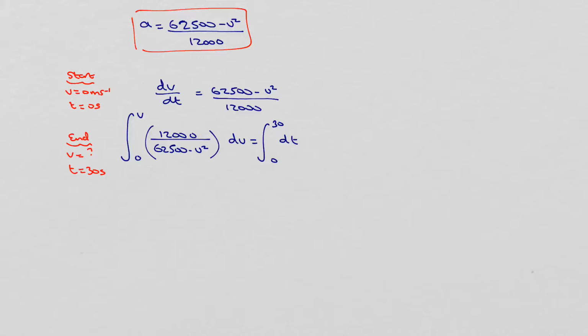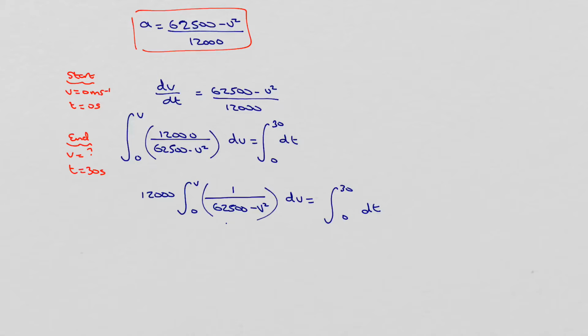So what we have here is something that's quite an unusual integral, because it's not a linear function, and it's also not going to be any of our inverse functions. So I'm going to take the 12,000 out here, so that you can see we're left with 1 over 62,500 minus v squared, dv, equals the integral of dt.